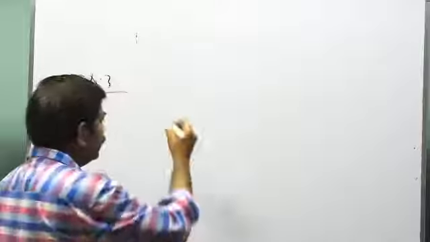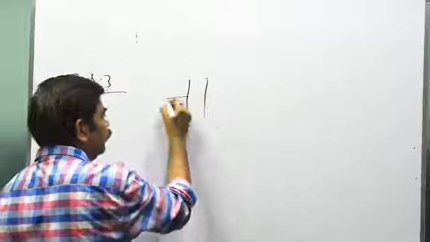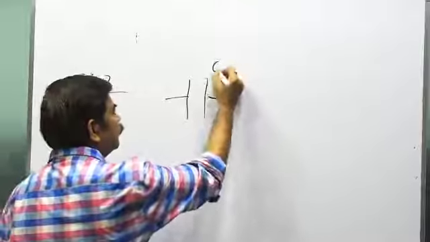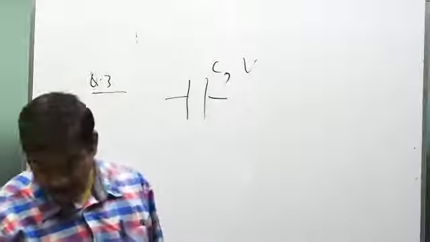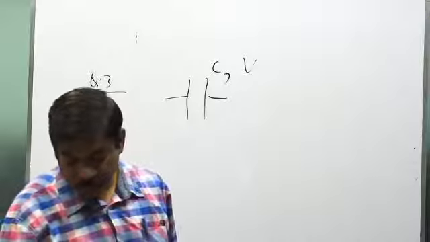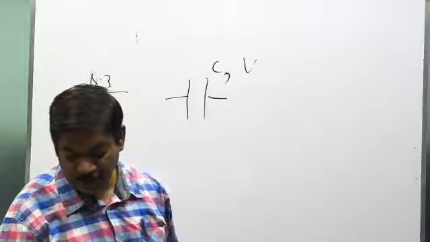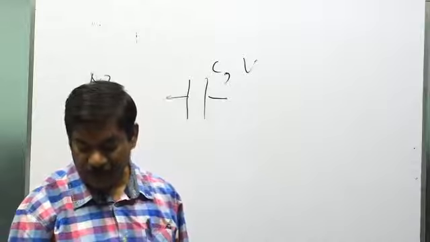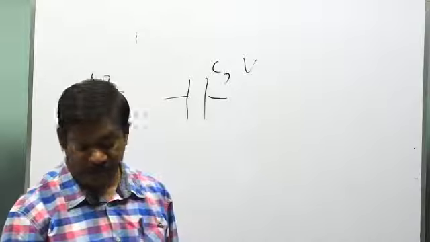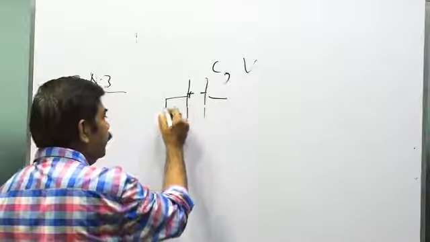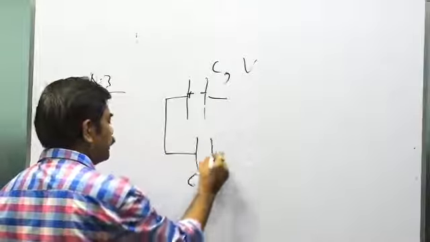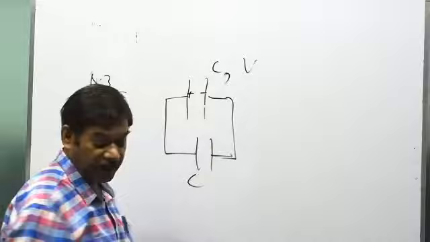So one capacitor is charged with a battery, suppose of voltage V. Once it is charged, suppose this becomes positive and this becomes negative, the battery is removed and another identical uncharged capacitor is connected in parallel to it.